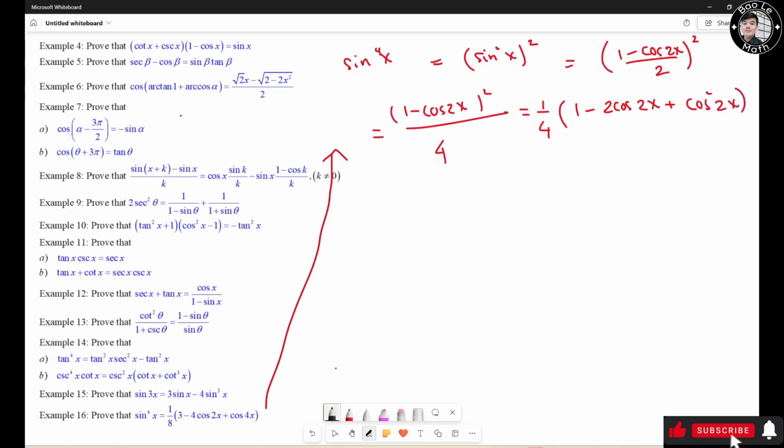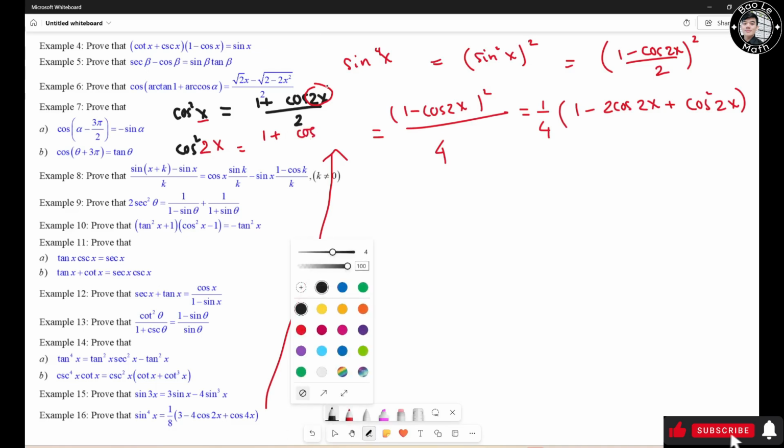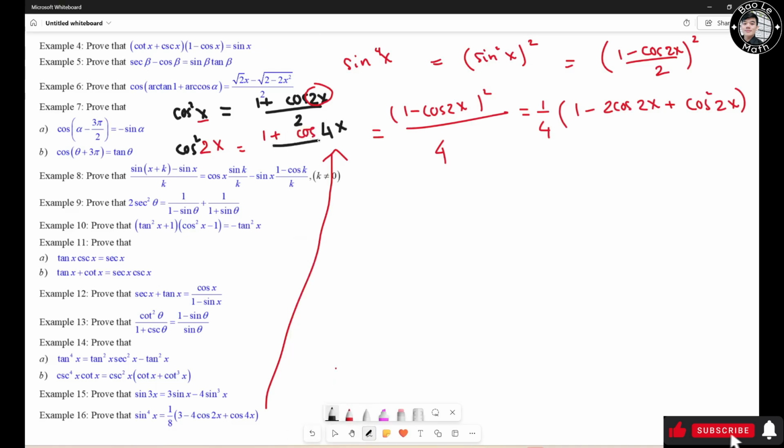Now remember that you have cosine square of s equals 1 plus cosine 2s over 2. Look at this angle right here. This guy right here, double this guy. Now if you have cosine square of 2s right here, then this guy turns out to be 1 plus cosine of 4s over 2.